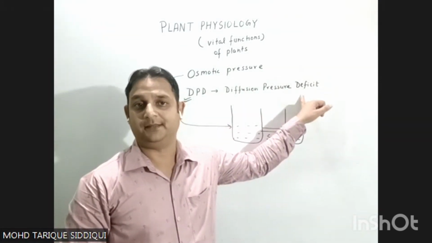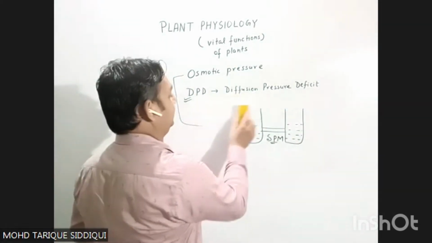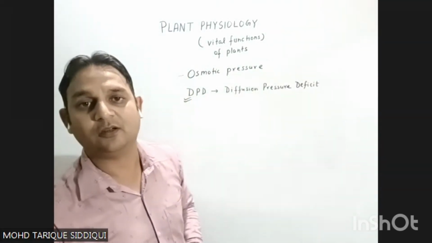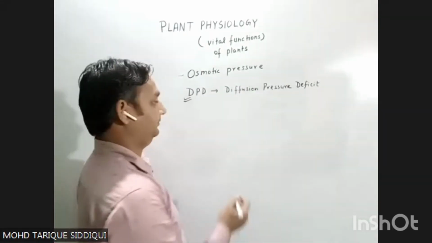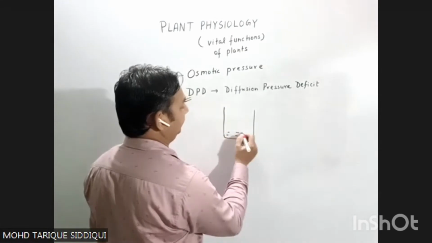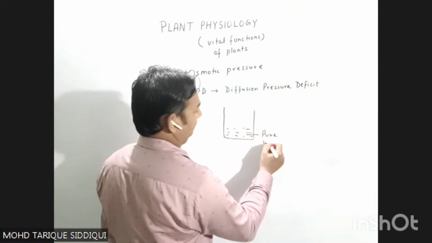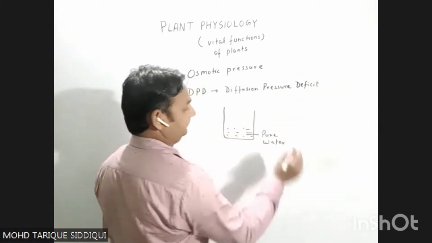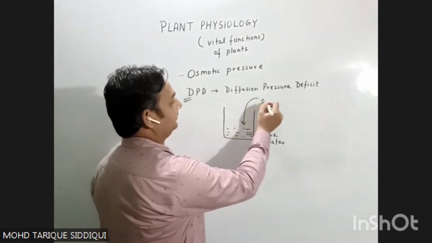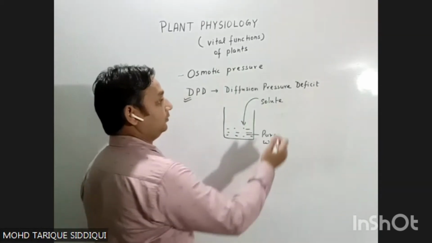What is DPD? When you are adding a solute to a pure solvent, what will be the effect on diffusion pressure? Say the pure solvent or the pure water we are taking here, and in this pure water, we are adding solute, say a salt.